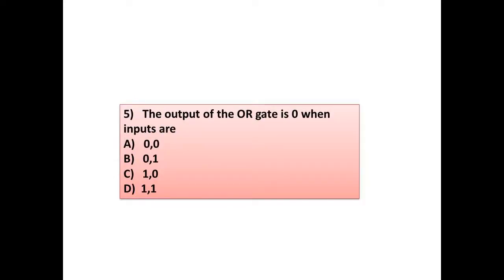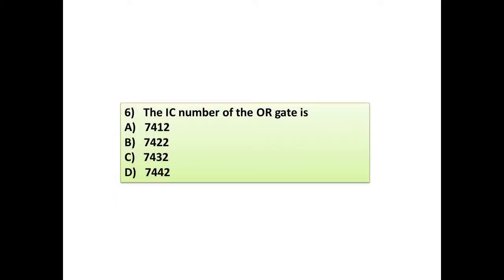Question number 5. The output of OR gate is 0 when inputs are: A. 0 0, B. 0 1, C. 1 0, D. 1 1. Question number 6. The IC number of the OR gate is: A. 7412, B. 7422, C. 7432, D. 7442.